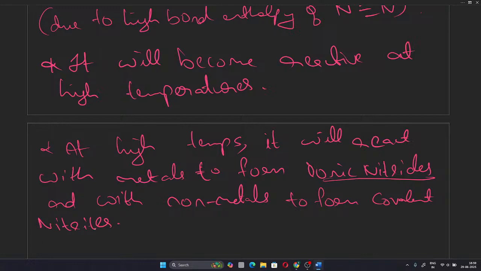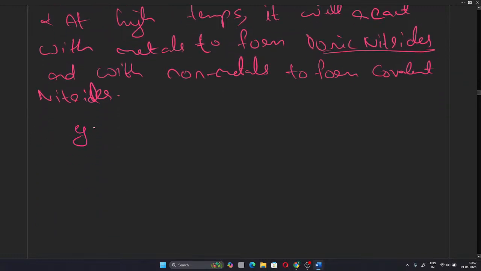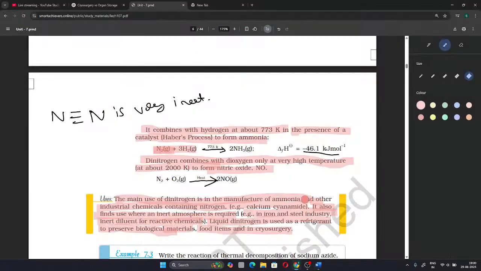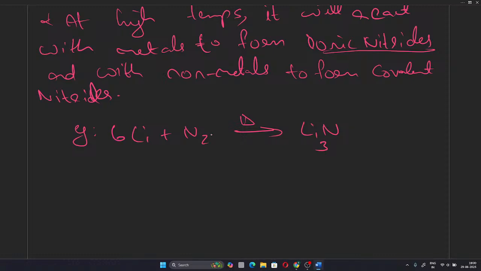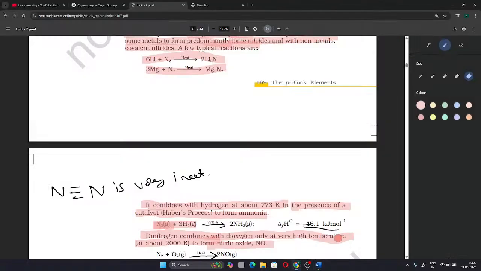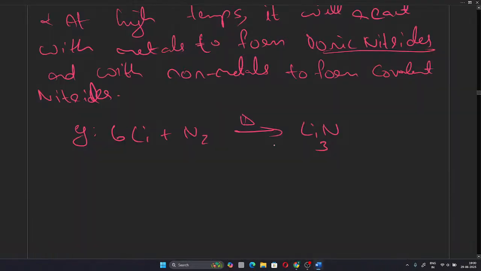Nitrides, I believe, nitrides. Example: Li plus N2, heat, gives Li3N. Balanced, 6 Li plus N2, heat, we will get 2 Li3N.